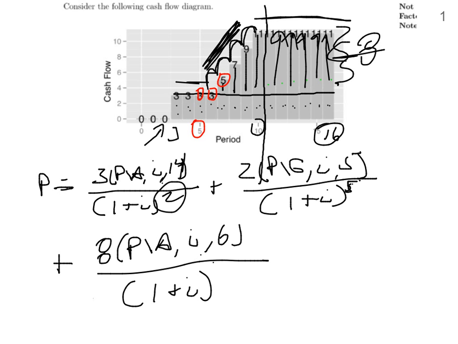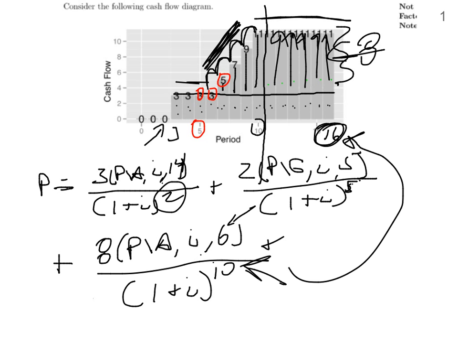And I know I've got to do some time shifting, and it ends in time period 16, so that one should be a 10 because the n plus the exponent that's there should equal what you have, the last time period of that element of the series. So that's what the present value of this particular cash flow should look like. This is Essential Question 2, version 4 in the fall of 2011.